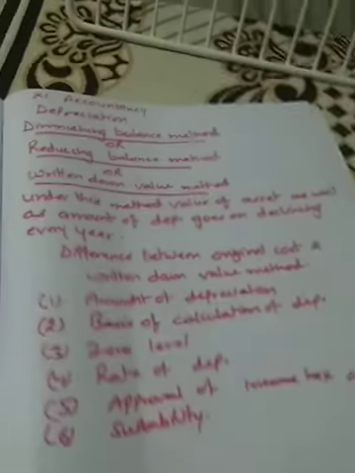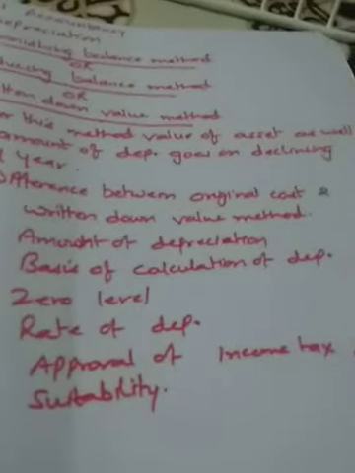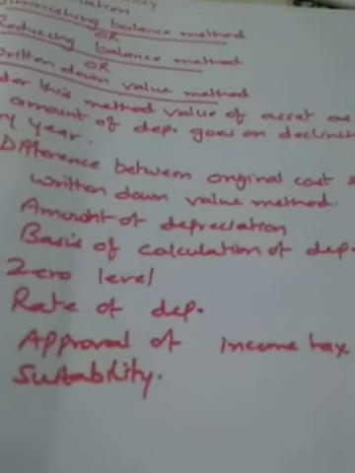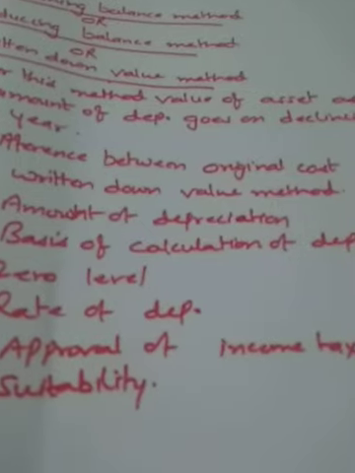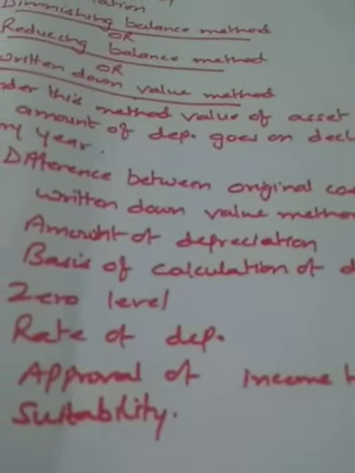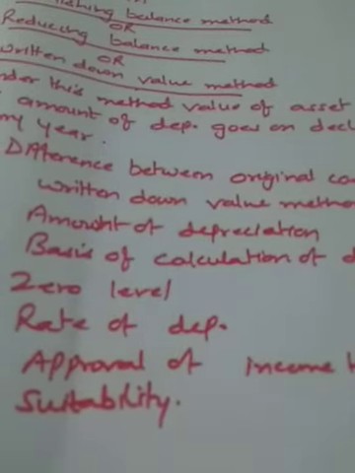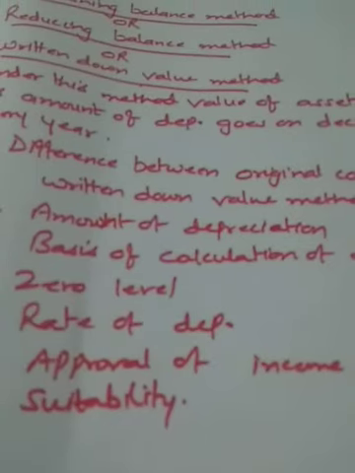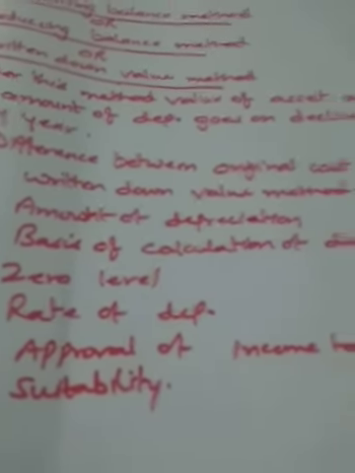Now the main topic we have to do under it is the difference between original cost and written down value method. The very first difference is amount of depreciation. Under original cost method, equal depreciation is charged every year, but in written down value method, depreciation goes on decreasing year after year.